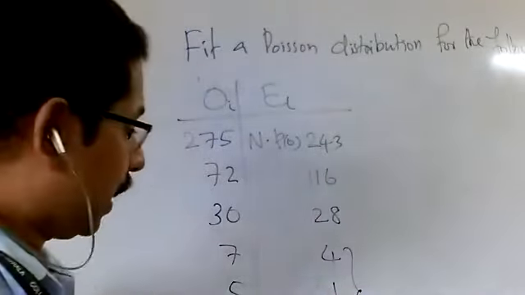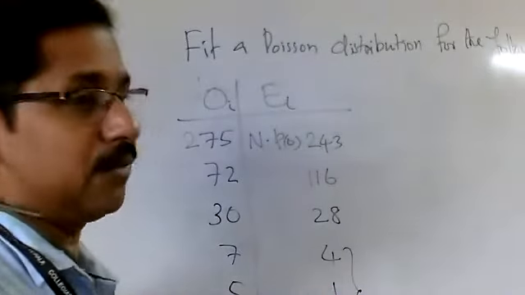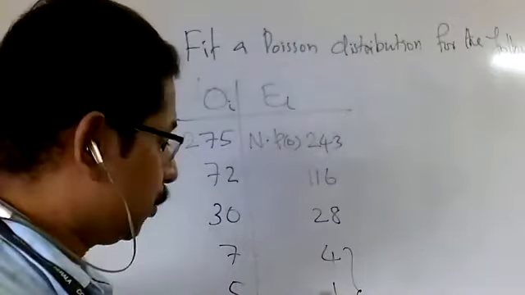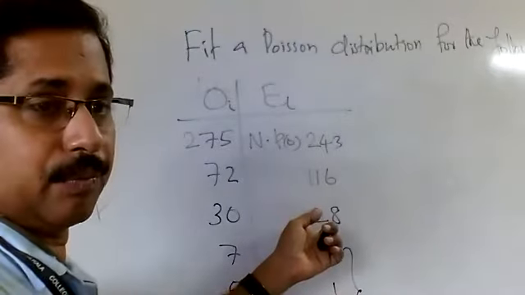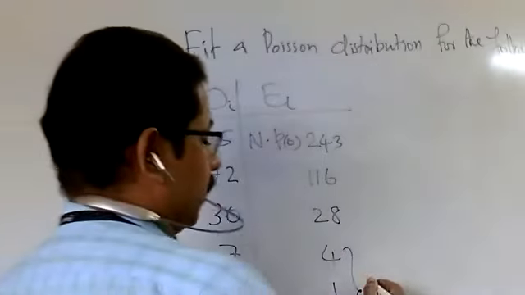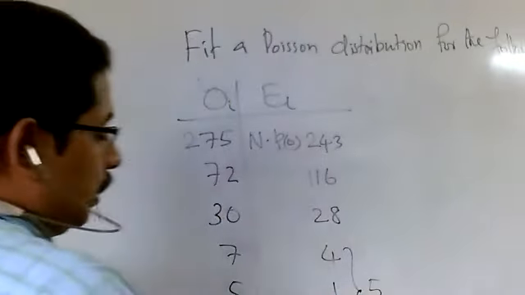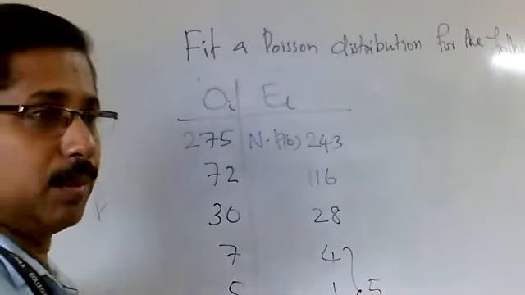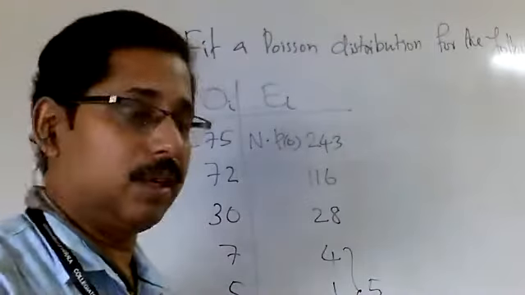So you add all of them. 4 plus 1 it is 5. Now it satisfies the condition. Otherwise, you add this to the next value. That is the way. So instead of 4 categories, we have only 1 category here, because these values are smaller than 5.